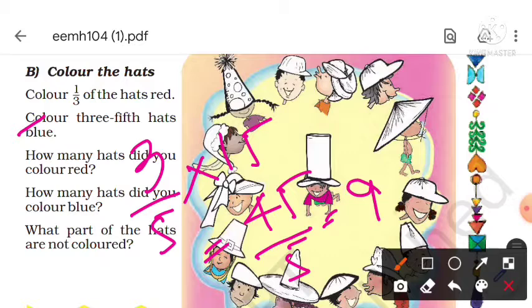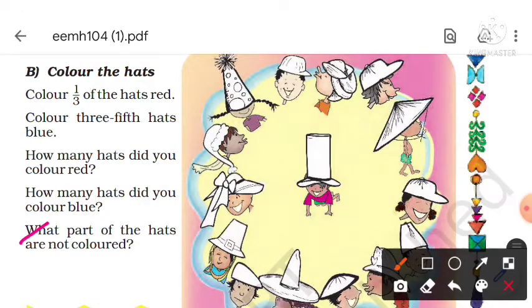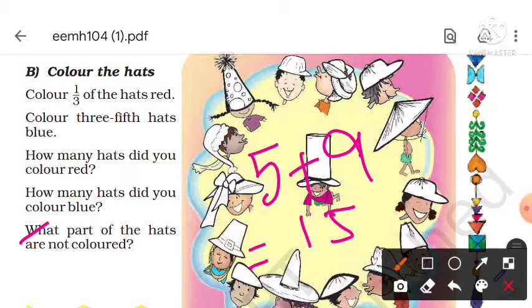Okay, so the next question: what part of the hats are not colored? Number of hats colored: 5 hats are colored red, 9 hats are colored blue. So total number of hats to be colored is 14.